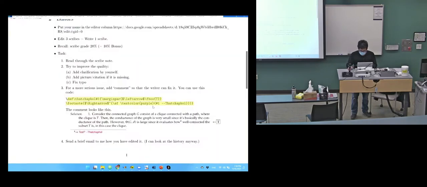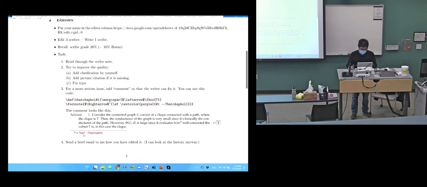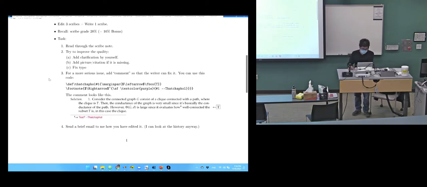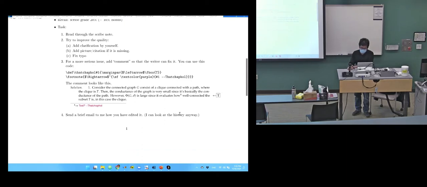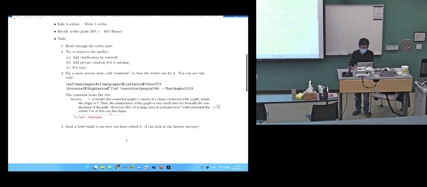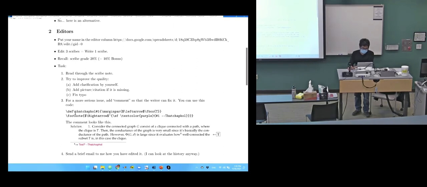Then I put some comment here and it will appear something like this. Just add a comment if you cannot fix it yourself. And once you edit things, you can just send a brief email saying how you edited. I can look at the history anyway. So I hope it makes sense. Okay.